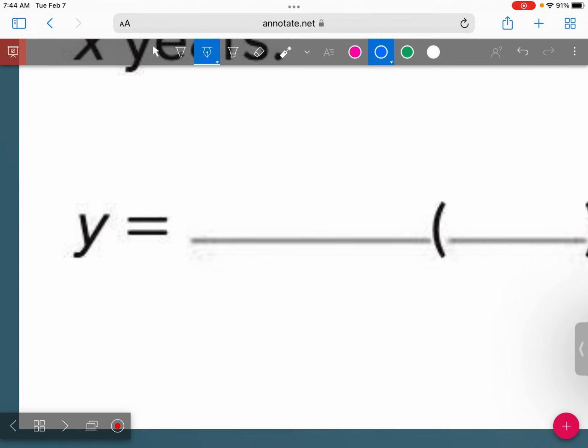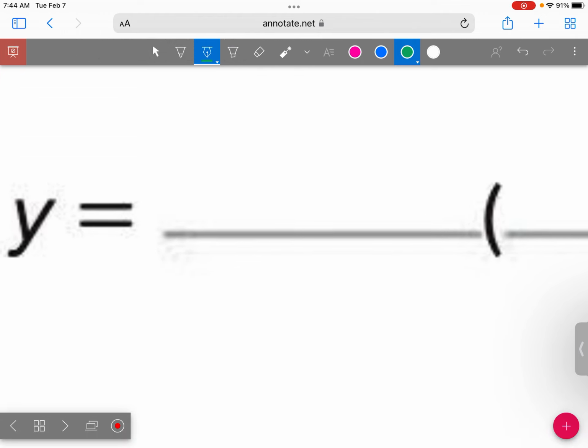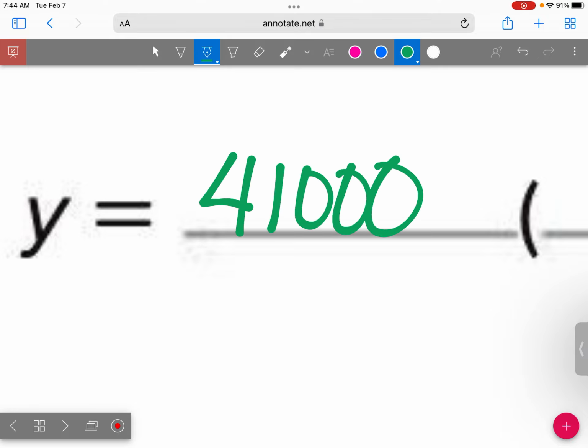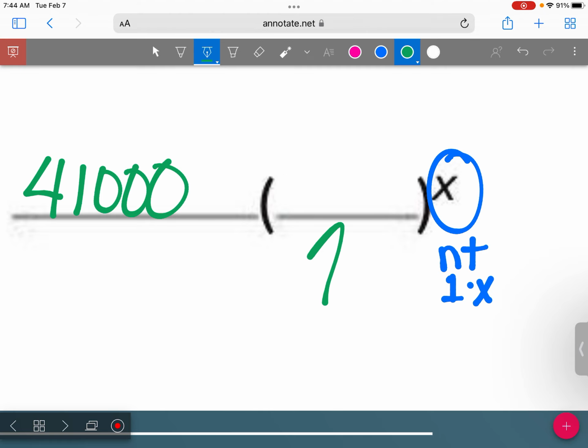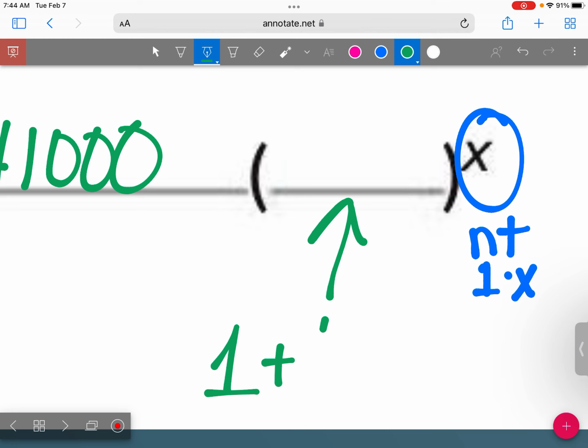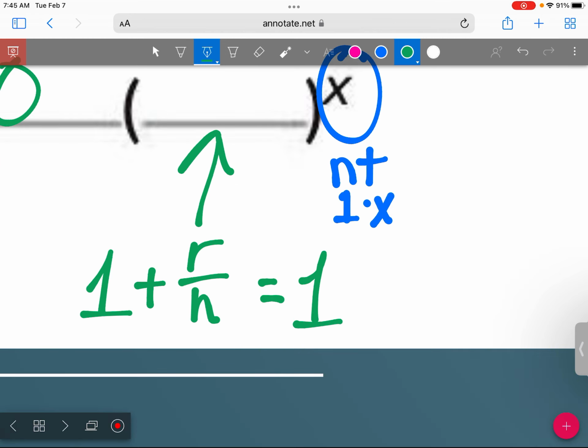All right, so what's our principal? You said it, Joshua, earlier. 41,000. Okay? And then in here is going to be 1 plus R over N. What is our R and our N?